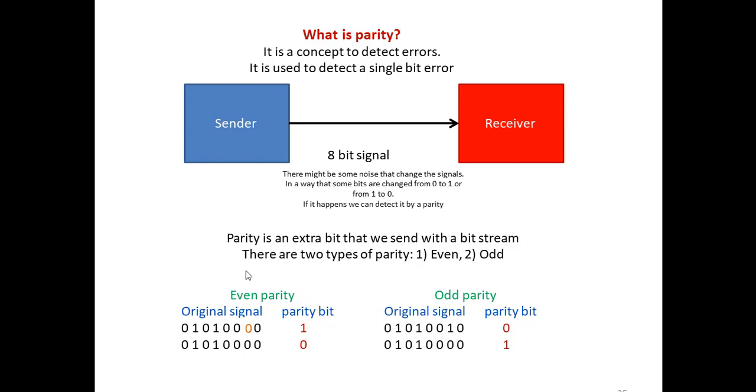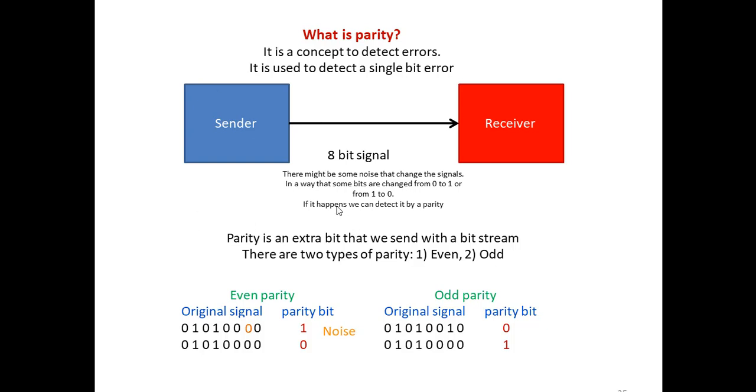It knows that it's an even parity, so it counts the number of 1s, and sees that there are 3 ones, an odd number of 1s. But this is an even parity. It should have been an even number of 1s. So the receiver knows that there was noise or an error. This is how parity helps us.